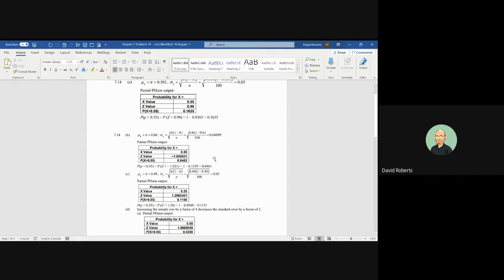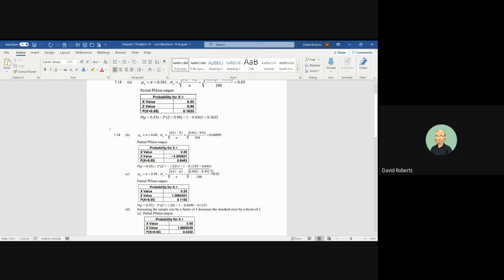So in this particular case, in part B, what if her vote is 60%? So you recalculate the standard deviation, plug that into your formulas, use that, get a z-score, in this particular case of negative 1.021, which is 15.39%.